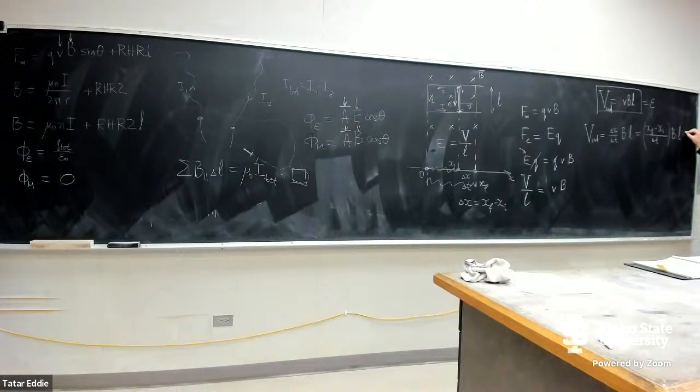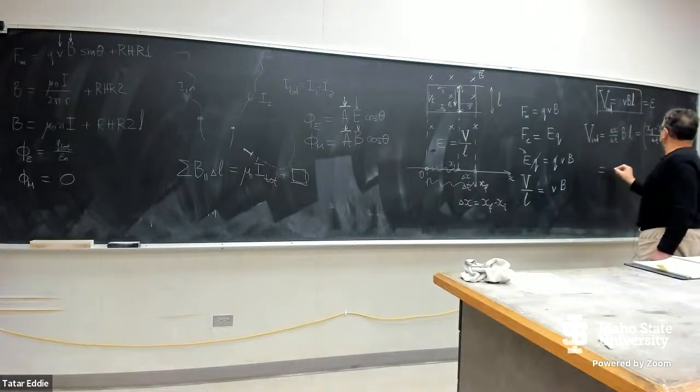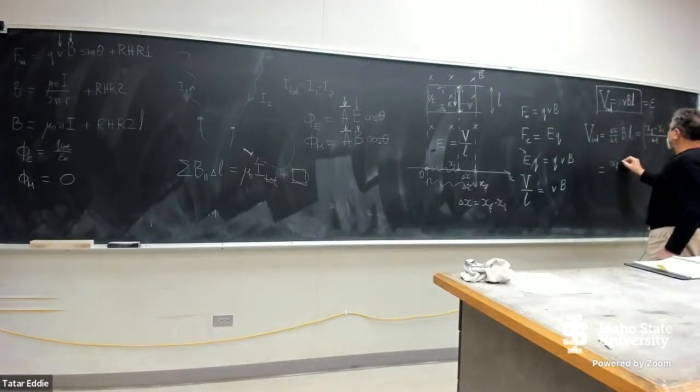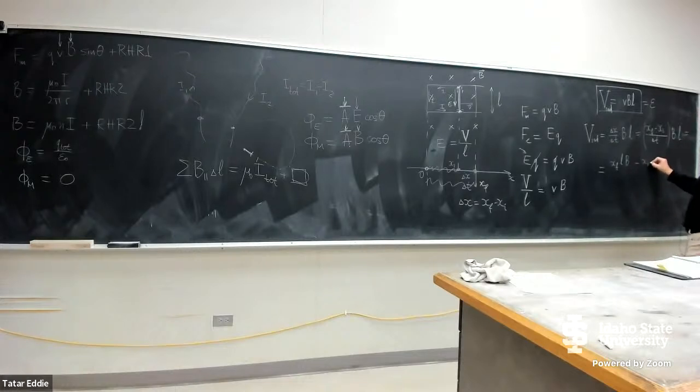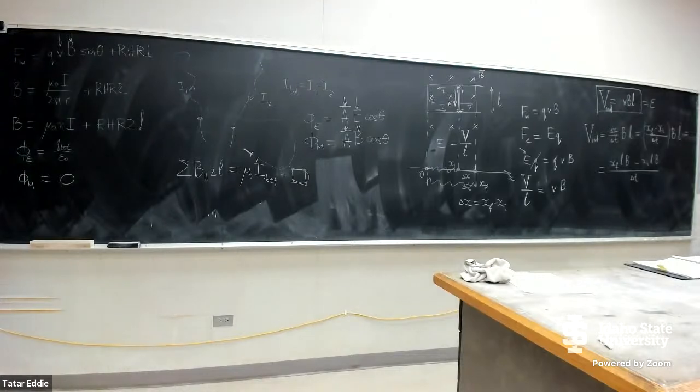And now just rearrange those factors. So write this as x final times L times magnetic field minus x initial times L times magnetic field, all of this divided by the time interval delta t. And now look what happens.